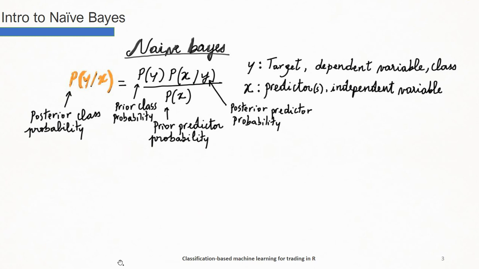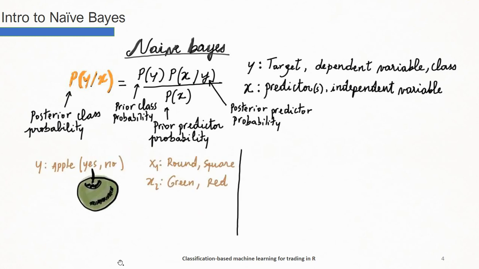The way to calculate it, we will show some examples soon, is the probability of y multiplied by the probability of x given y, divided by the probability of x. The probability of y is called the prior class probability. The probability of x is called the prior predictor probability, and the probability of x given y is called the posterior predictor probability.